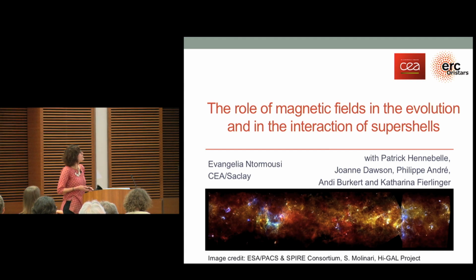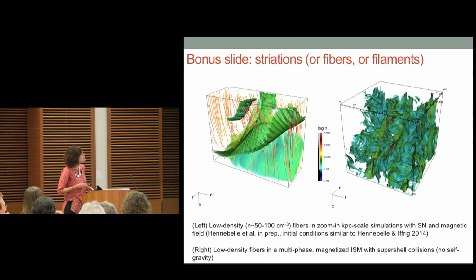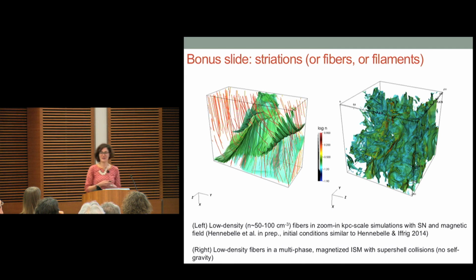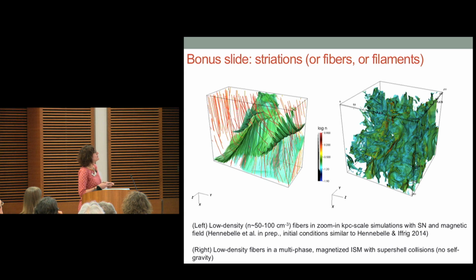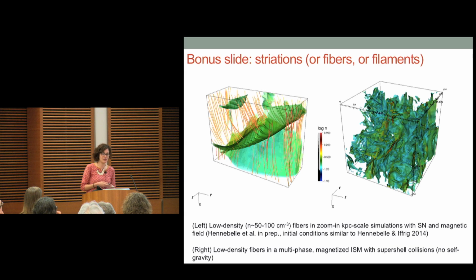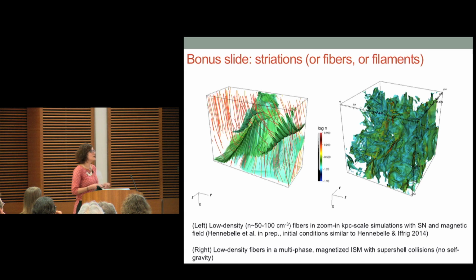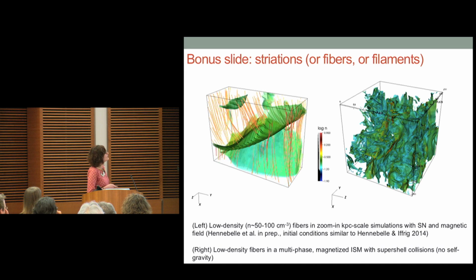So first, I'm going to start with my last slide as well. Since we were talking about fibers recently, I want to show you some mysterious fibers that appeared in our simulations, and these have nothing to do with what I'm going to be talking about later.